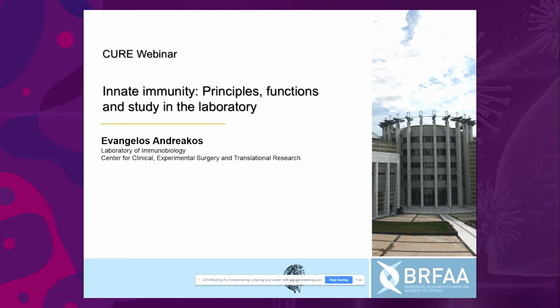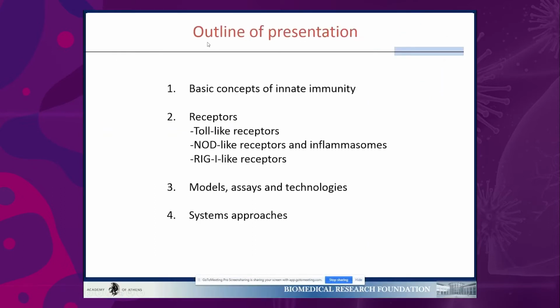So I tried to structure the presentation into the following 4 topics. First of all, talk to you about some of the basic concepts of innate immunity, because at least half of the participants maybe are not exactly from the field.